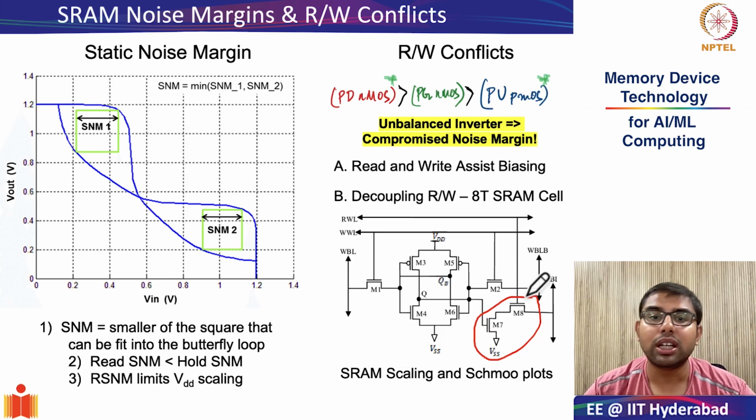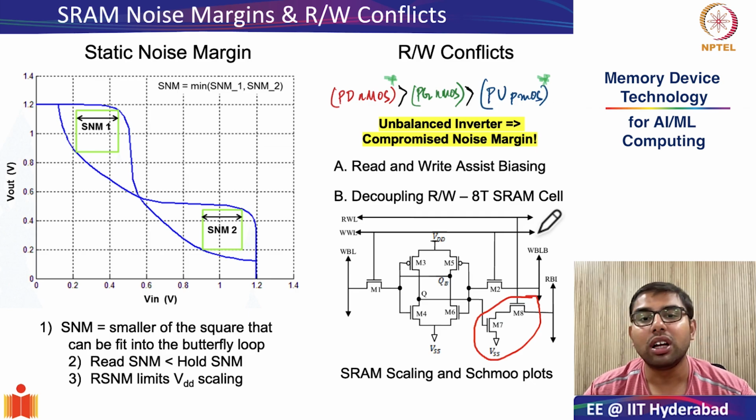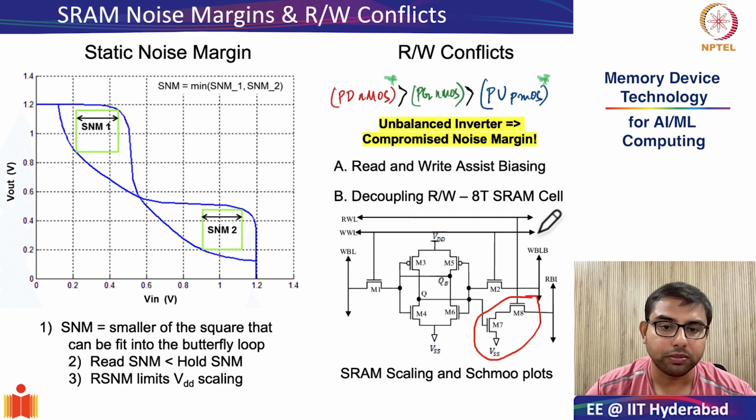And as we know, the latest generation of SRAM is actually built on AT cells because they give you much better stability in terms of read and hold noise margins. This is because the read and write are decoupled.